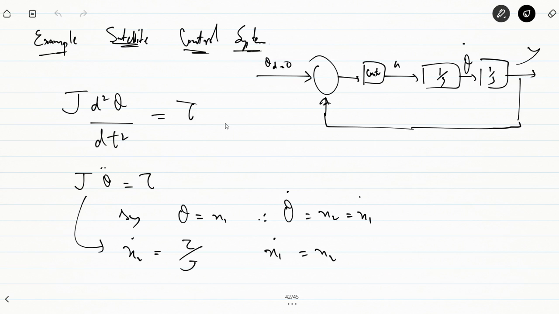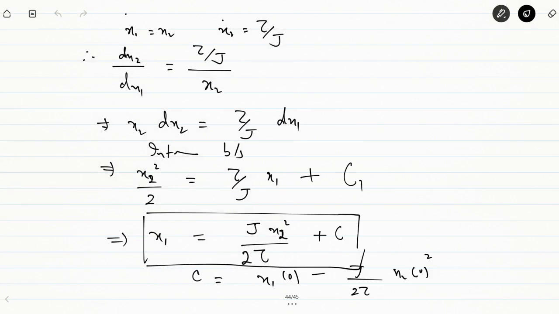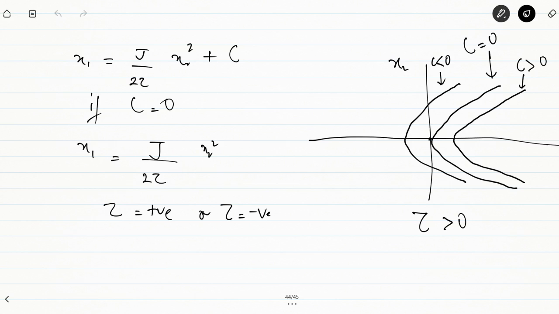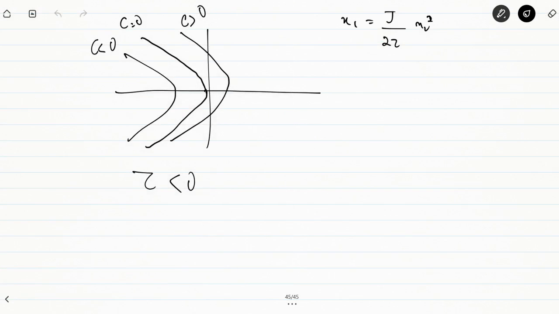So J d square theta by dt square is equal to tau. And whether it's a clockwise or anti-clockwise rotation, accordingly your phase portrait will be inclined either left to right or right to left. So this is how you use analytical methods to plot the phase portrait of certain systems.